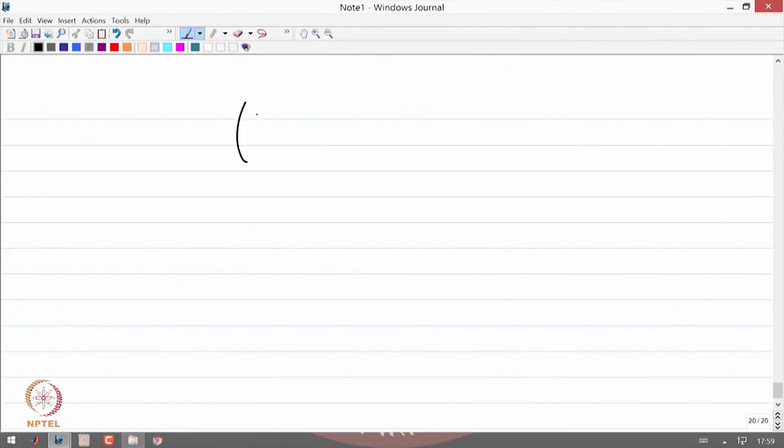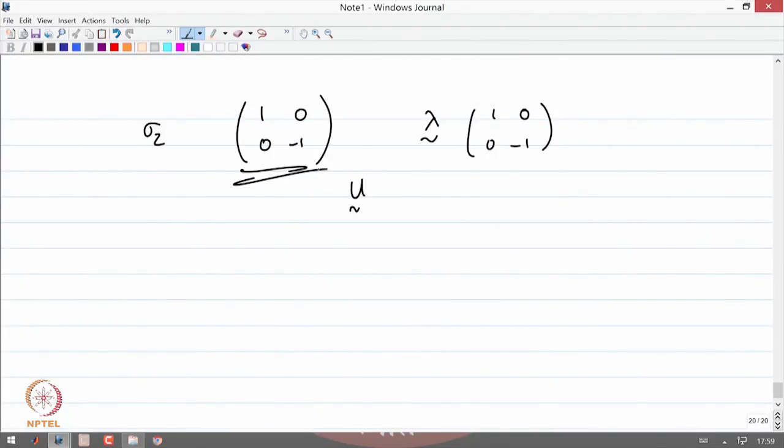Now what about the eigenvalue for the z component, sigma z, 1 0 0 minus 1? It is a diagonal matrix already, therefore the lambda is already 1 0 0 minus 1. Therefore what is the unitary matrix which will diagonalize this? Or what is the orthogonal matrix which will diagonalize this?